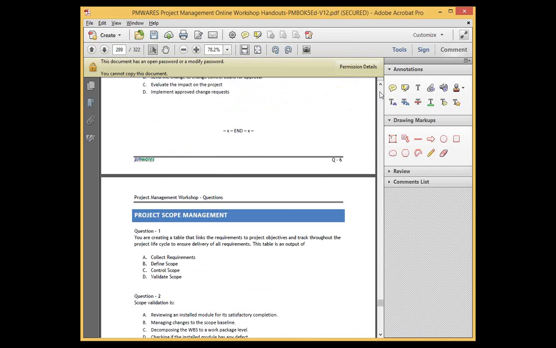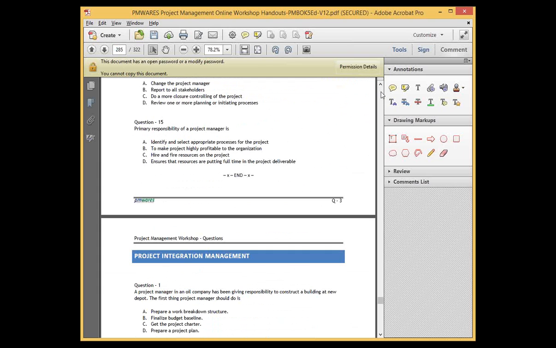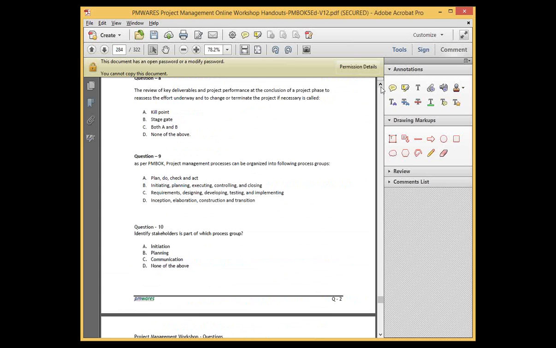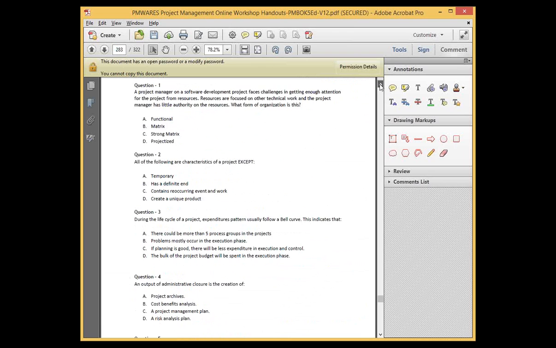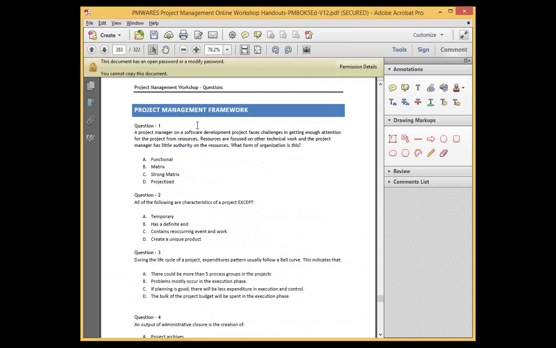Okay. You see this? If you go to page number 283, you will see 15 questions on the project management framework. Page number 283, you will see questions on project management framework.